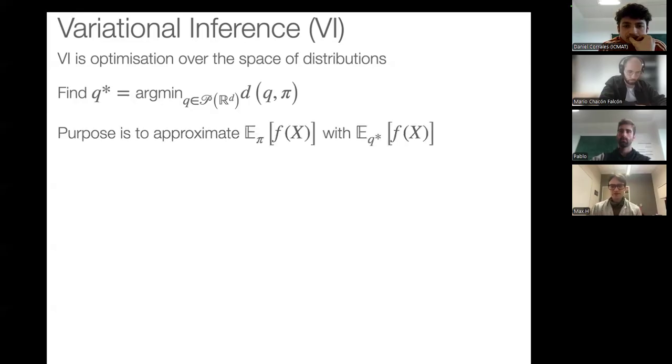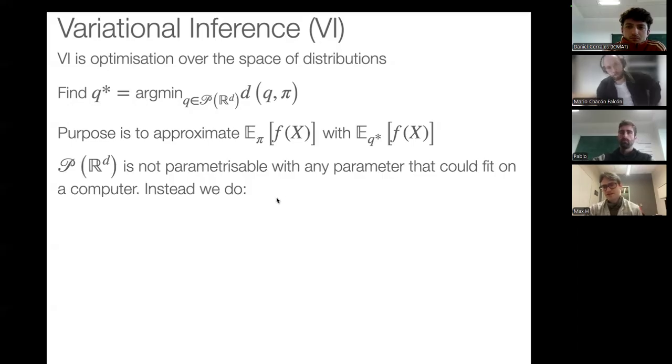And then once we've found our approximating member of the variational class, the task is to approximate expectations with respect to the target using the optimizing member of the variational class. So maybe we know E of Q star F of X explicitly, or maybe we can very easily sample from Q star, and so we can approximate the expectation using Monte Carlo.